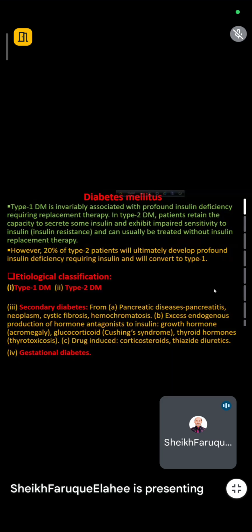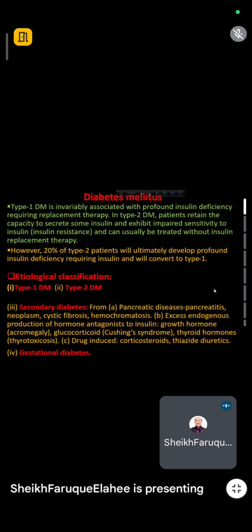Then I who have type 2 diabetes will become type 1 diabetes. You see? So even type 2 diabetes, after a long time, becomes type 1. And in a child, he is type 1 from the beginning. I think you understand now. Type 1 diabetes in a child from the beginning. Type 2 in older age like me.